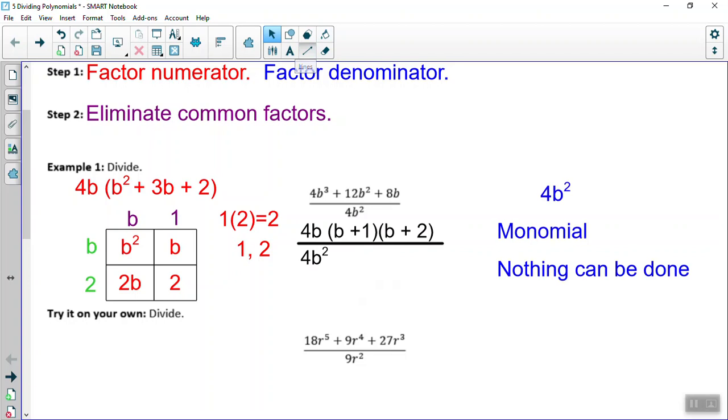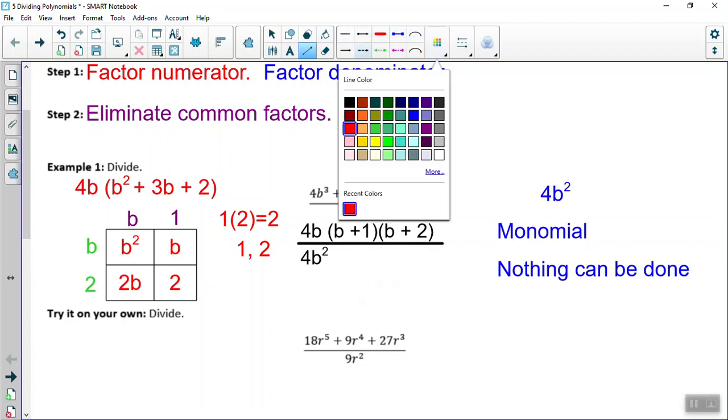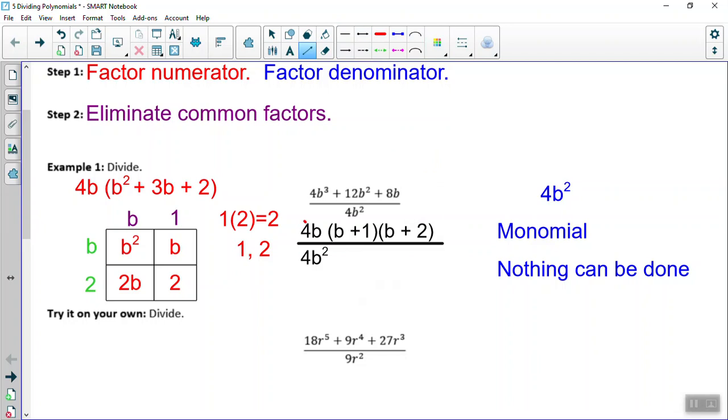My two 4s here can cancel out. Because they're exactly the same, they cancel each other out. That's eliminating common factors. So 4 and 4, common factors, I eliminate them. Well, b and b squared. When I go to eliminate these, I have 1 b on top, 2 b's on the bottom.